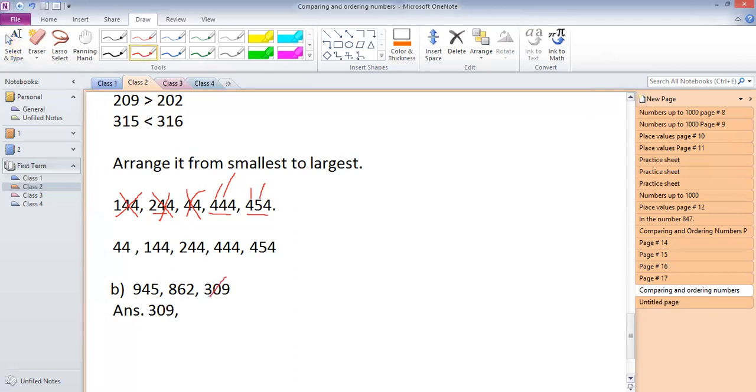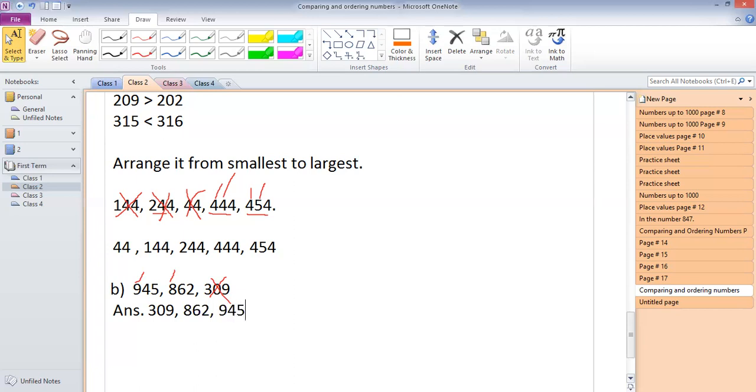So I have finished writing it. Now we have two values, 945 and 862. Which is smaller of these two? So again, I will check the hundreds. This is 900 and this is 800. So is 9 smaller or is 8 smaller? 8 is smaller than 9. That's why you will say, sir, 862 is smaller than 945.